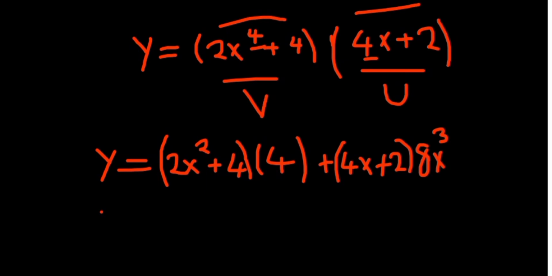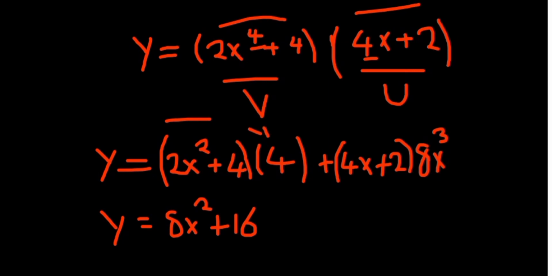So from this stage, what are we going to have? We're going to have 4 by 2x squared, which is 8x squared, and 4 by 4 is going to be 16. All we are doing is multiplying what is inside the brackets by the 4.